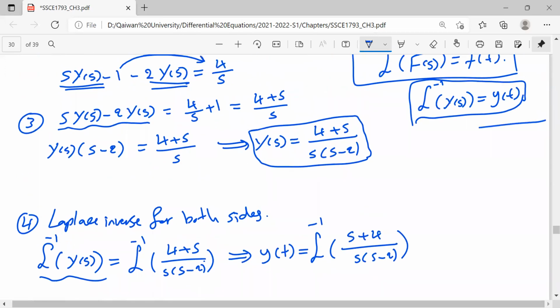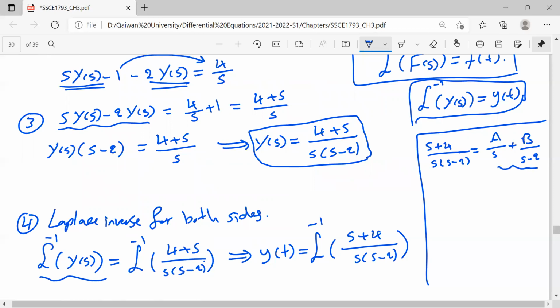I'm going to do the partial fraction here. We say s plus 4 divided by s times s minus 2 equals A over s plus B over s minus 2. Now we find the common denominator here, and we get A times s minus 2 plus B times s divided by s times s minus 2.